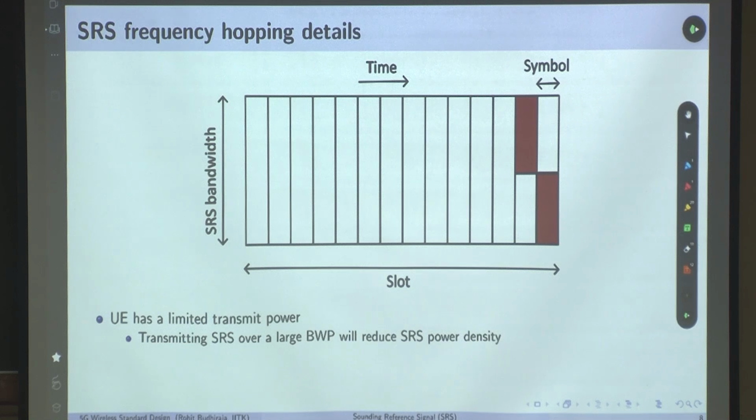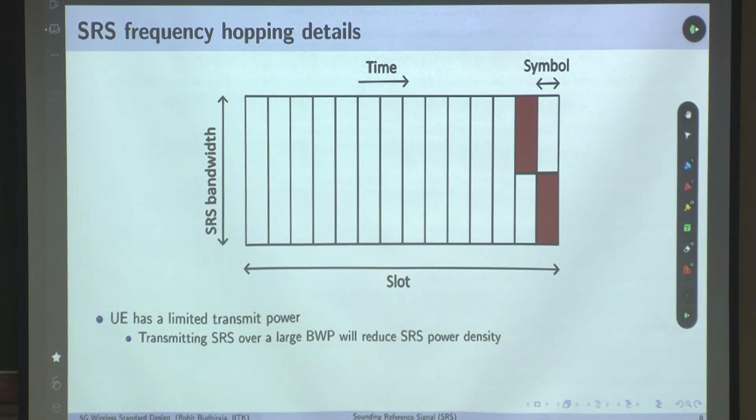Now if the transmit power is low, channel estimates will be bad if the UE is far from the base station. So the base station knows this UE is far from the base station, and then smartly, and that's how the standards are designed, it will tell the UE to transmit the SRS in two parts.